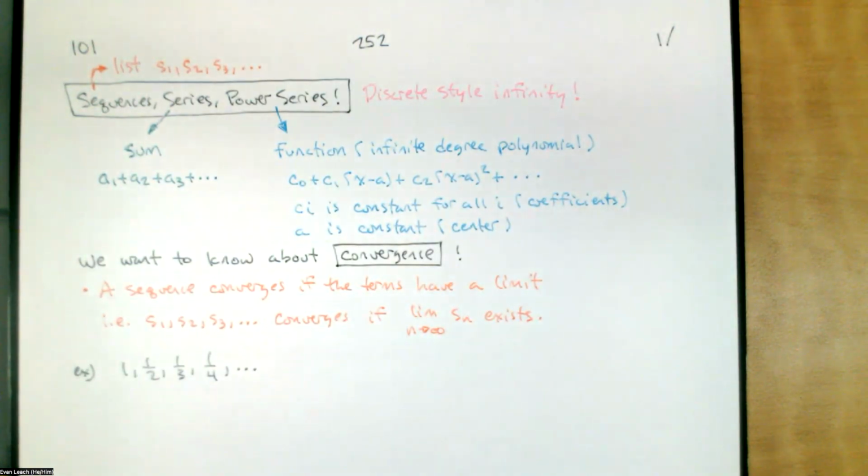So here is a nice sequence: 1, then 1/2, then 1/3, then 1/4. We want to turn this into a function of the index n. So the general term, we would say Sn is 1 over n.